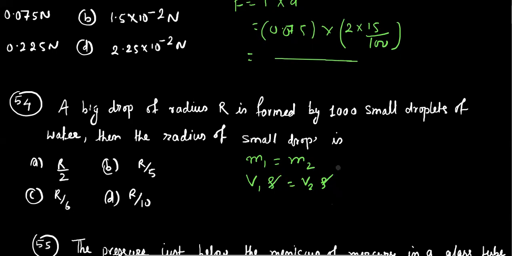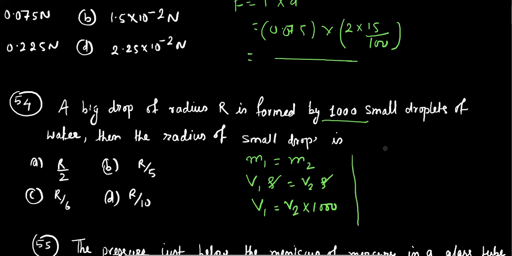So once again we are dealing with the same conservation, that means conservation of volume. So V1 equals V2, and there is a number given. I'm going to suppose V2 as the volume of the small droplets. So the total volume of small droplets is equal to 1000 times the volume of a single drop.